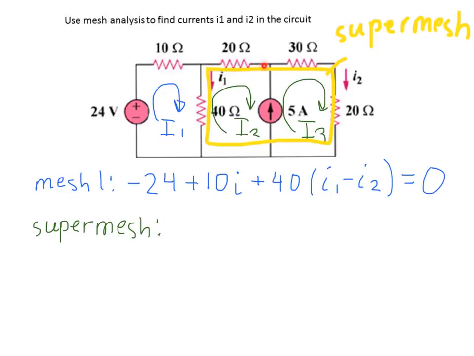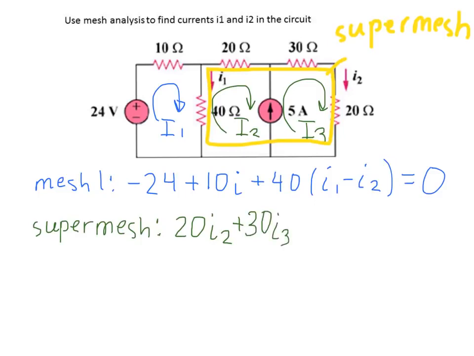From this point, what do we have? 20 and the current I2. Then, following this direction, we go into the 30 ohm resistor. So we put plus 30. Now we put I3.